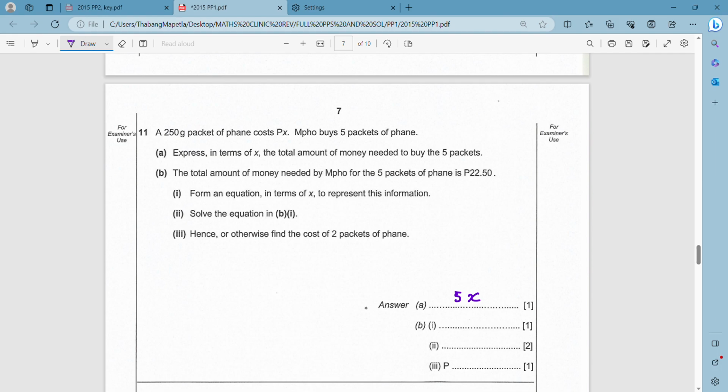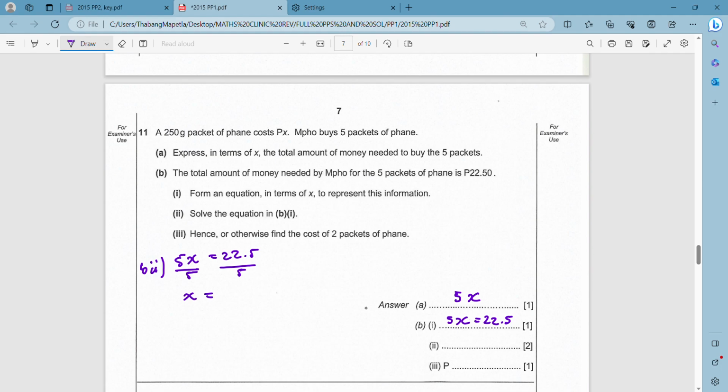So it's simply going to be 5X is equal to 22.5. And then part ii says solve the equation. You need some space for solving. So 5X is equal to 22.5, divided by 5 on both sides.